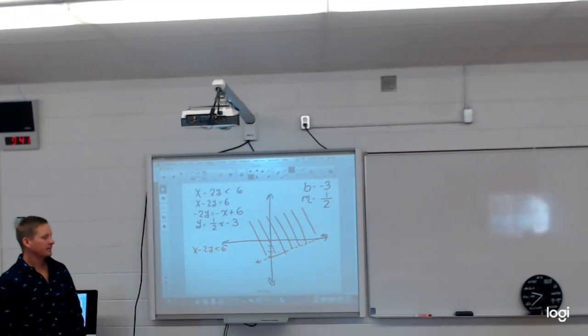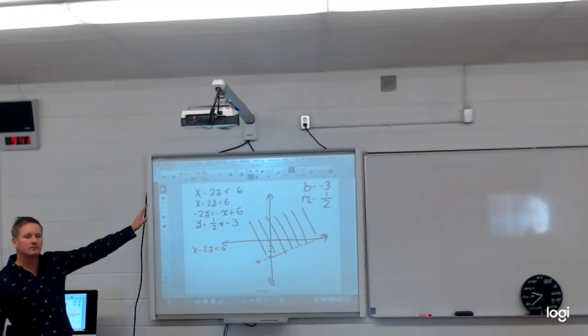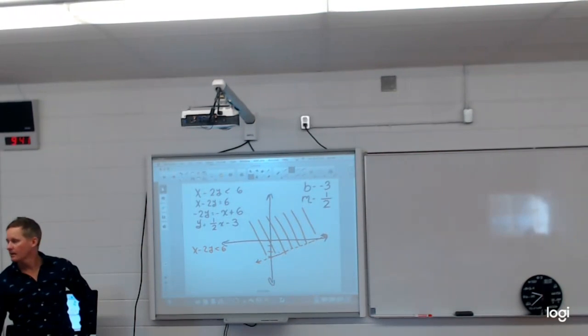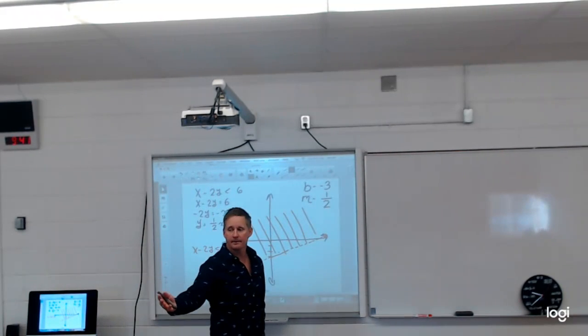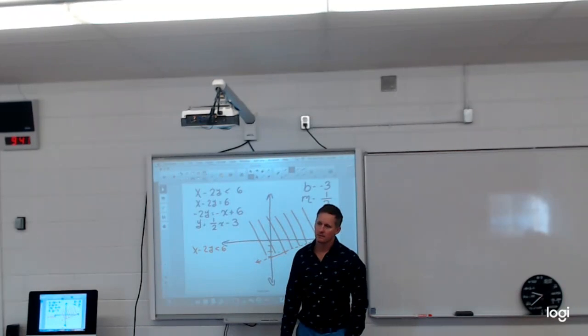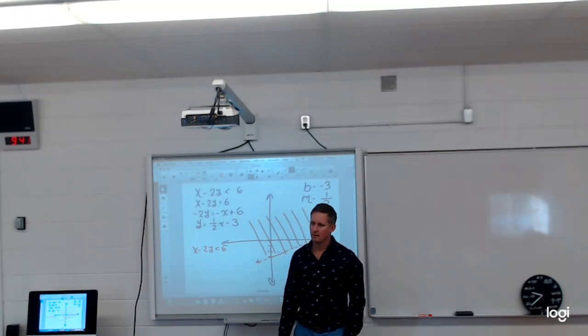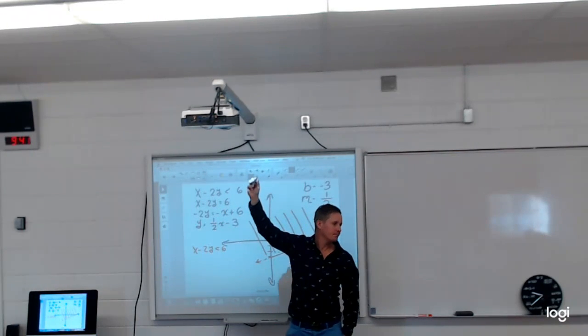Okay? None of us got it entirely correct. I didn't get the shading. How come? It's just because I don't plug it in right. So you put it in the original equation. Listen up.